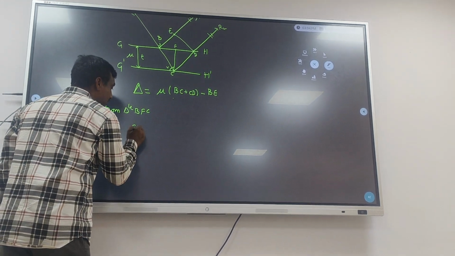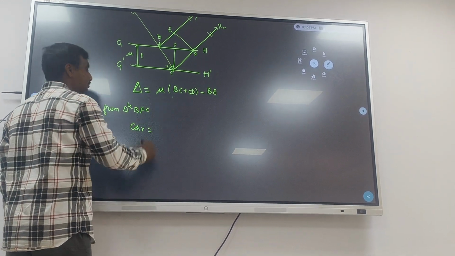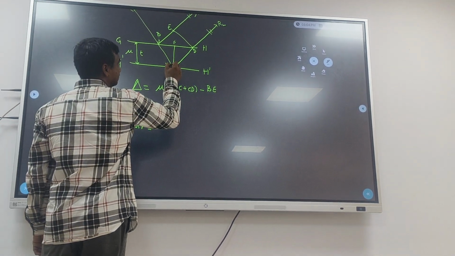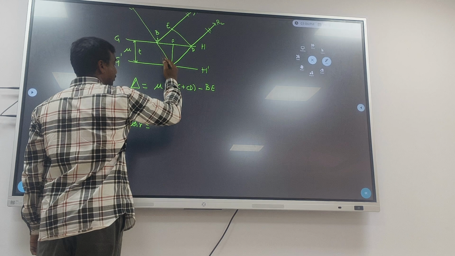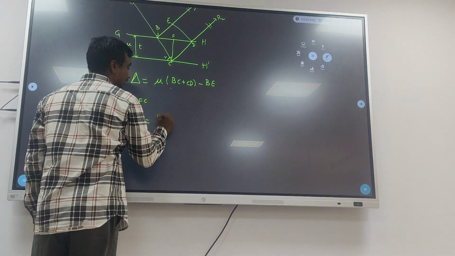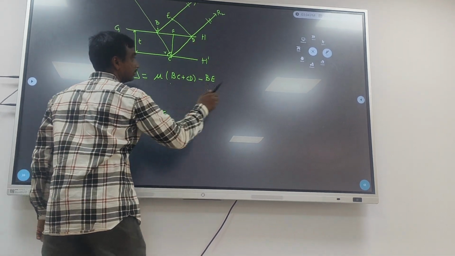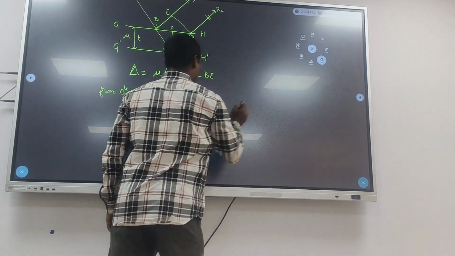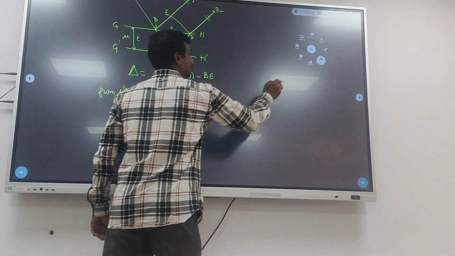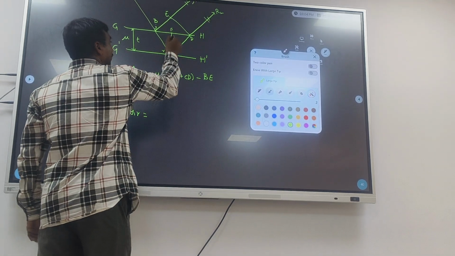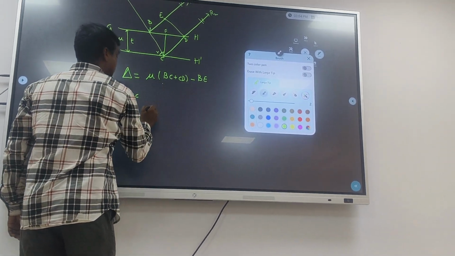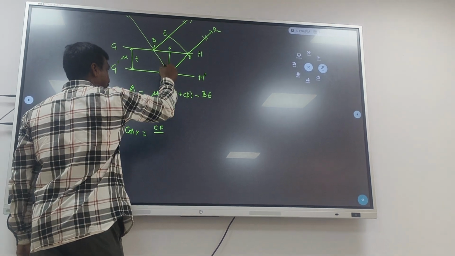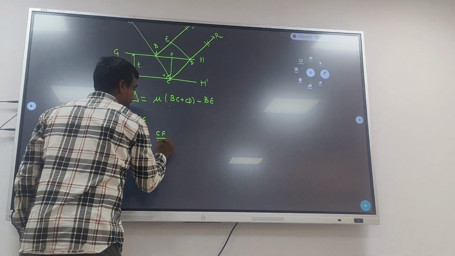Cos r is equal to adjacent side CF by hypotenuse BC.